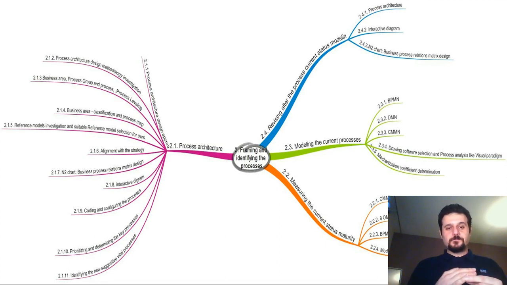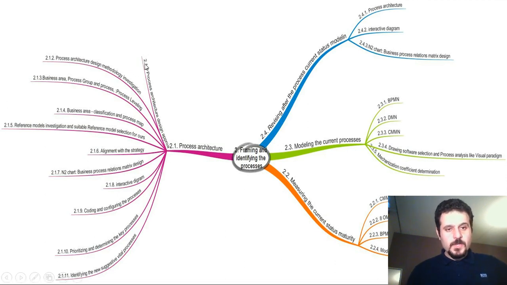And we categorize the business area into two categories: operation category and supportive or managerial category. Operation category means our value chain, like production, like sales and marketing, and supportive category, like human resources, like financial resources. Okay.